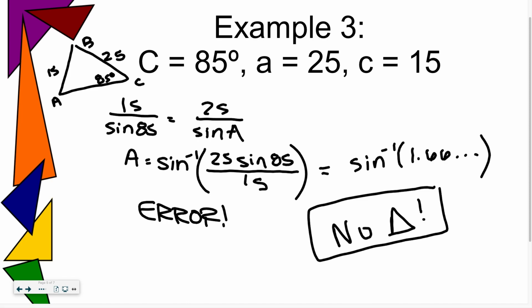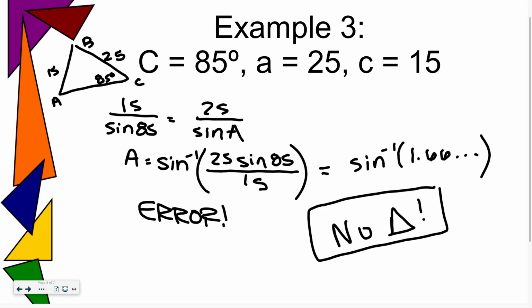Now maybe look at the values, similar to what Evan did on the last one, when we had solved for angle C as an obtuse angle. When I draw this triangle out and I put in those angles, I notice that angle C is 85 and it's across from 15.